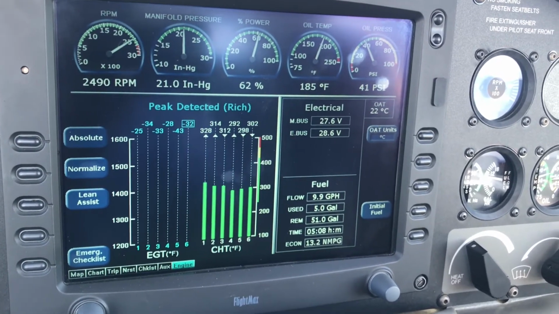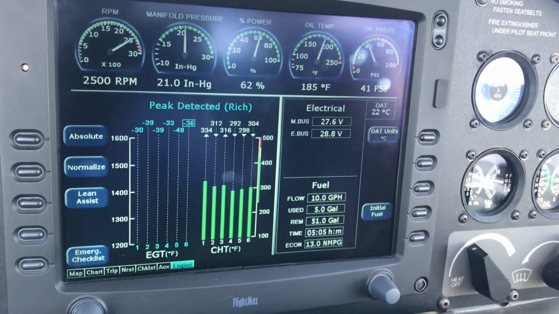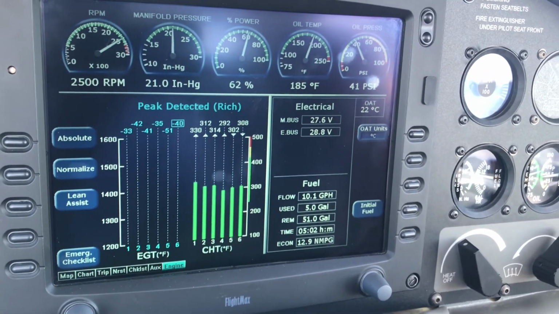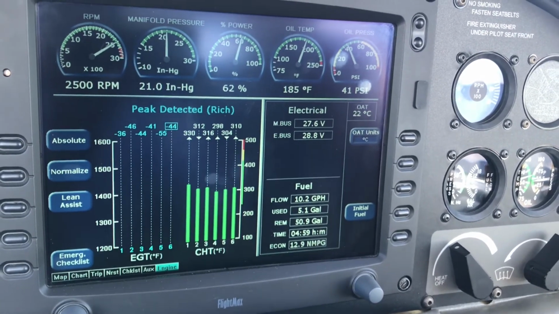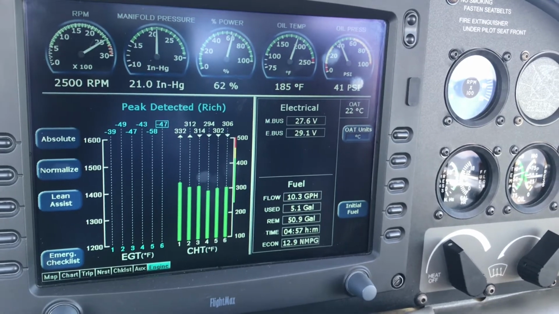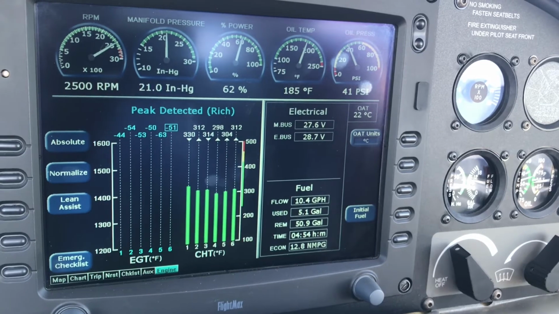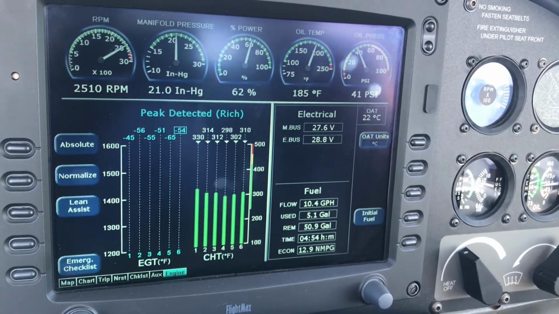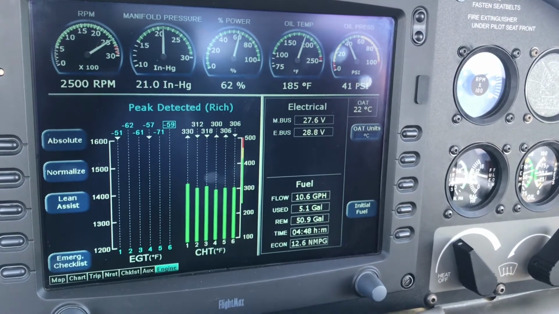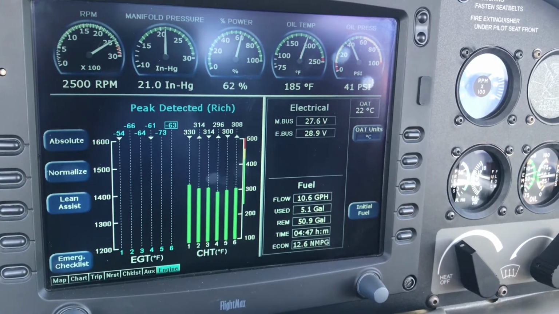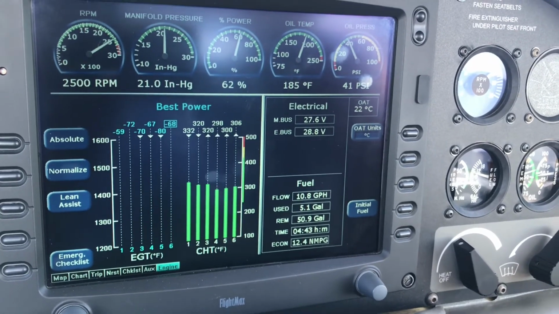Okay, so there we go. We have 36, 40 degrees cooler from the peak, and there's 50, and there's 60, and there's 75.